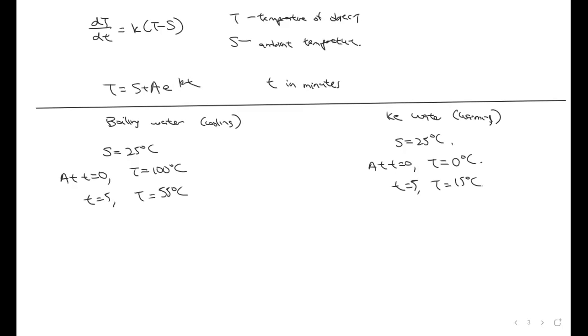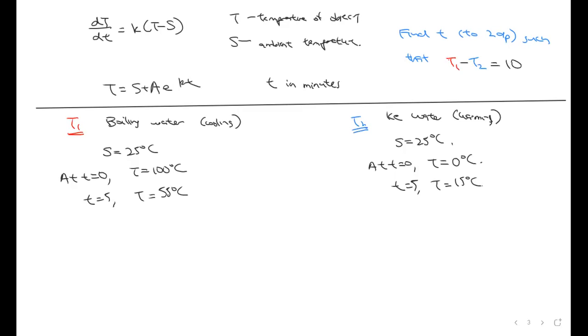Now, the question, of course, is basically to find t to 2 decimal places such that the 2 temperatures differ. We can call them temperature 1 and temperature 2. We can have temperature 1, represented in red, being boiling, and this being temperature 2. T1 will always be hotter, right? So basically we want T1 minus T2 to equal 10 degrees Celsius.